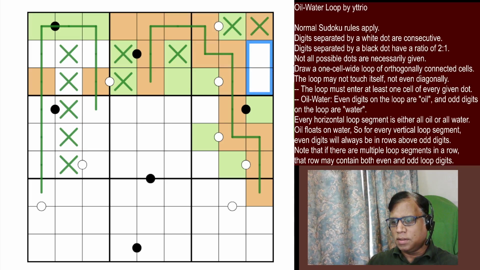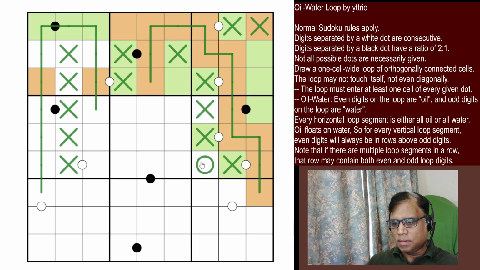All the odds are done. These are even. Now we know that the loop cannot come here, right? So let's just mark it like that. Even that's not possible. Oh, that could be possible. Sorry, my bad. It could still come like this.